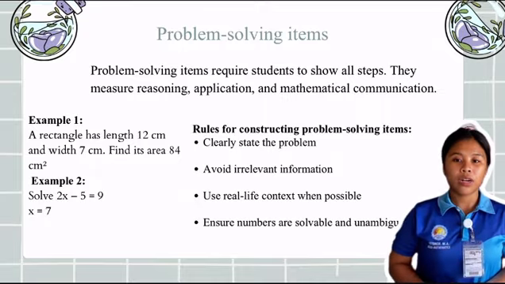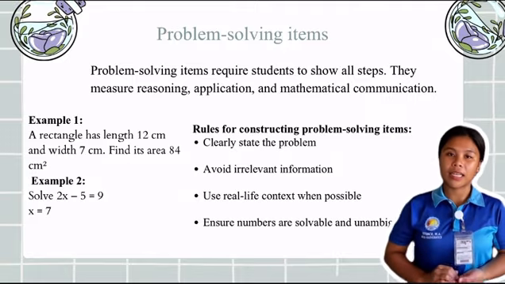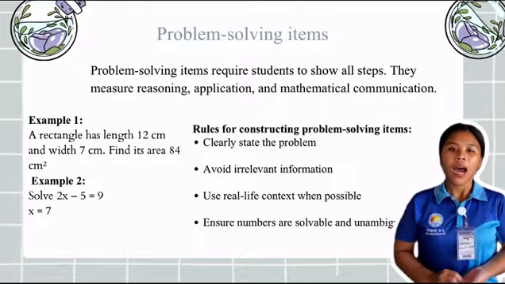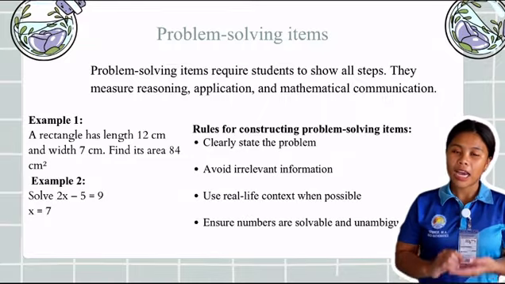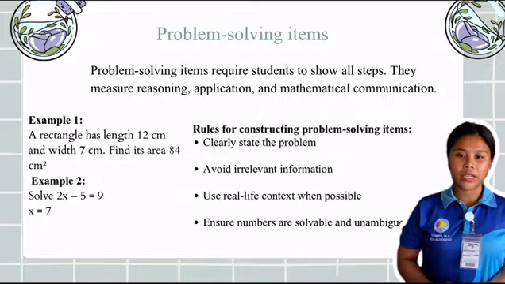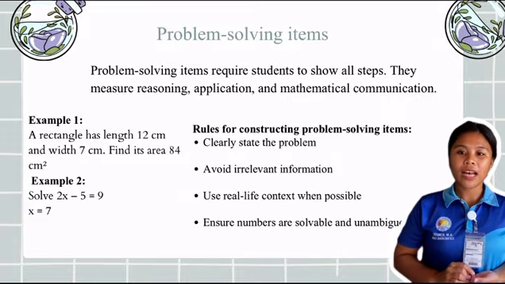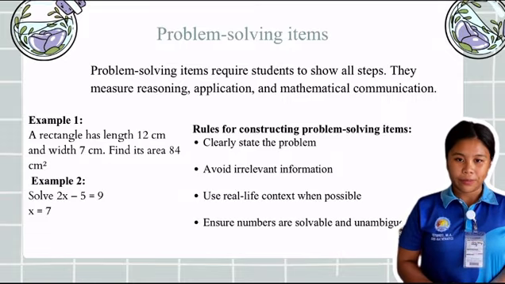So they measure reasoning, application, and mathematical communication. For example, a rectangle has length 12 cm and width 7 cm. To follow all those steps, we get the answer 84 cm squared.